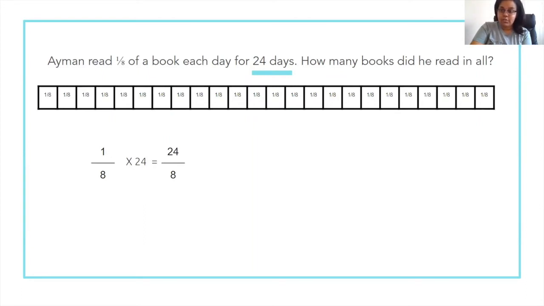So I have 24/8, which means the same thing as 24 divided by 8. And I know that 24 divided by 8 is 3, because I know that 3 times 8 will give me 24. So my final answer in a sentence, I could say that Eamon read 3 books in all.